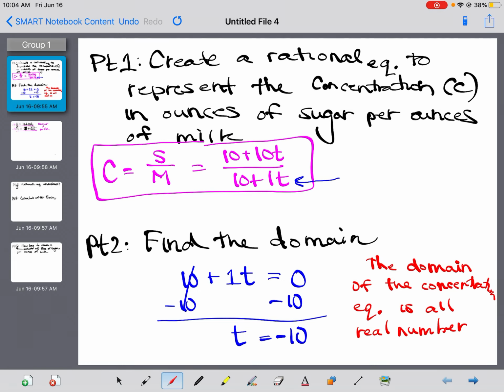But we cannot have all real numbers, except t cannot equal negative 10. So it's all real numbers except t cannot equal negative 10. That's all you have to write for that. That's my domain.